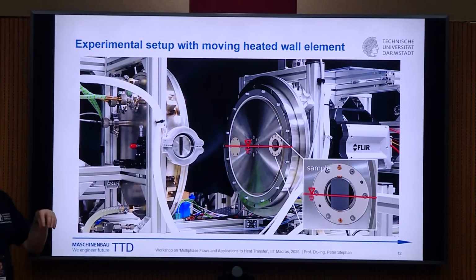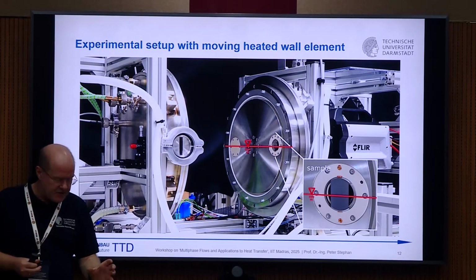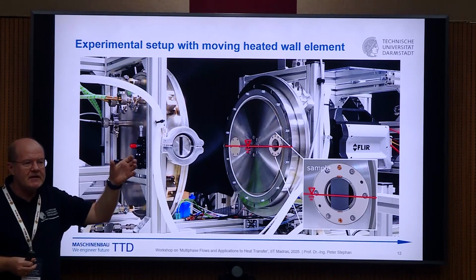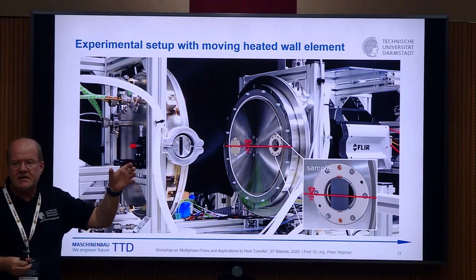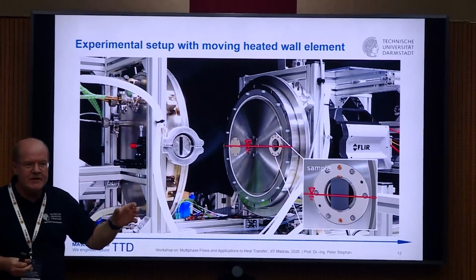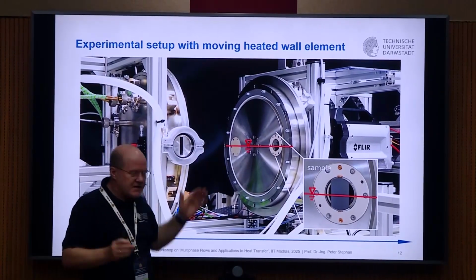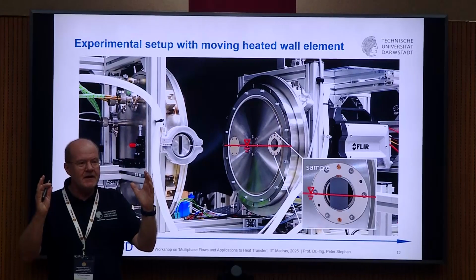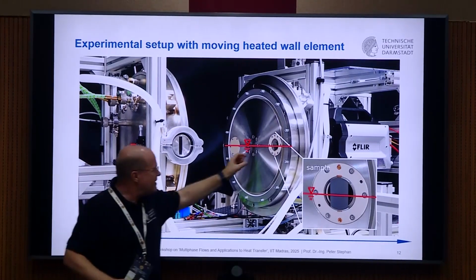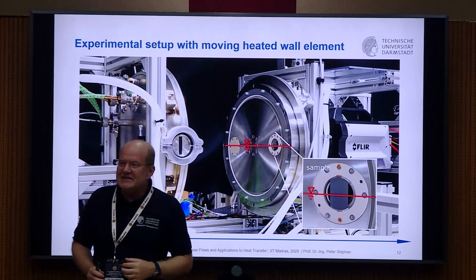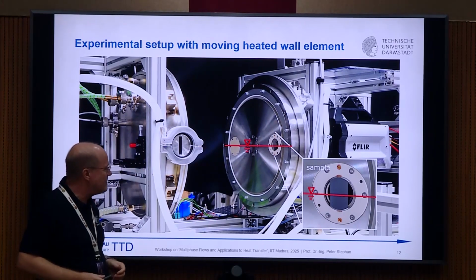I showed you in the beginning, our first idea was to have just a plate, and we pull the plate out of the liquid pool. But we found out that from an engineering perspective, this was extremely difficult and we couldn't do it. So in the end, we came up with a rotating plate. The typical size is like a large pizza, and on this large pizza, there's a small salami-sized piece, and this is our heated sample.